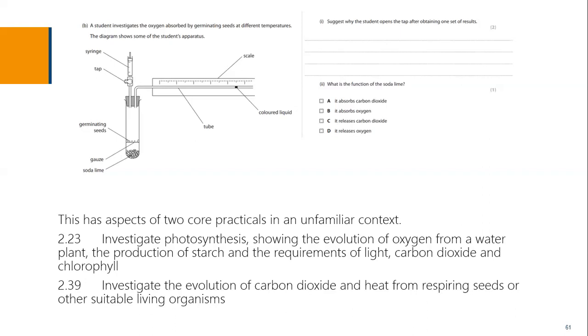It also tests 2.23, because it's looking at the role of soda lime, and the soda lime absorbs carbon dioxide. So again, it's apparatus they should be familiar with. It's testing it in a different context, and this is the way that core practicals will, in general, be tested.